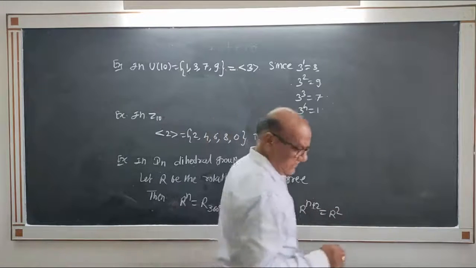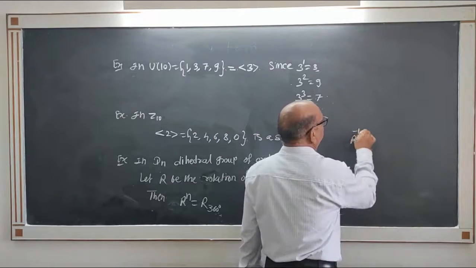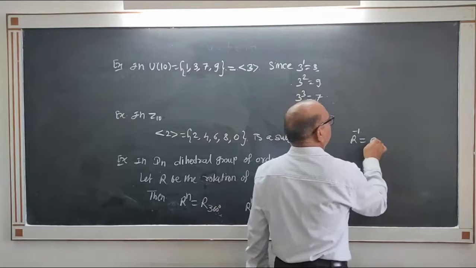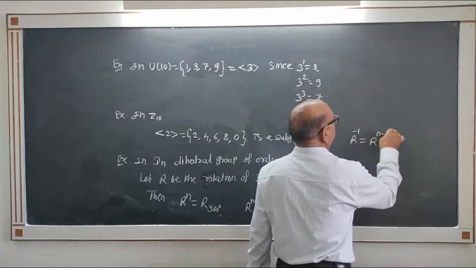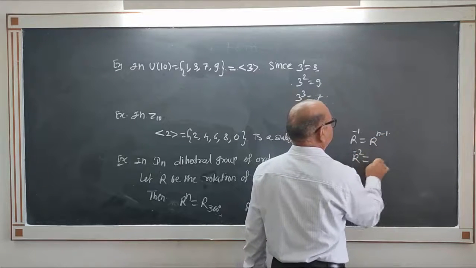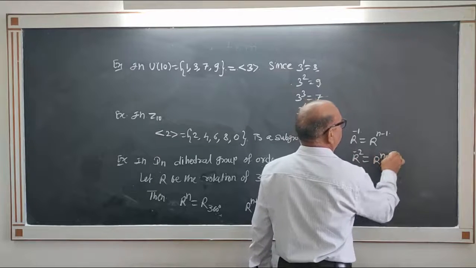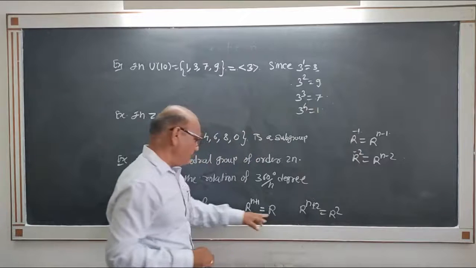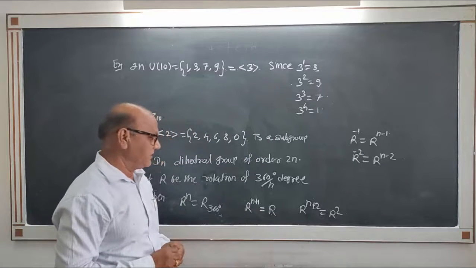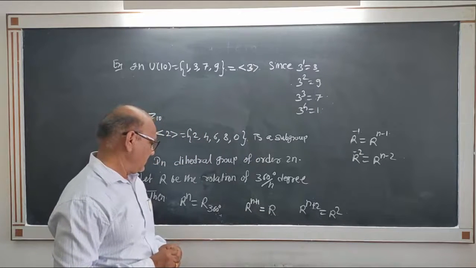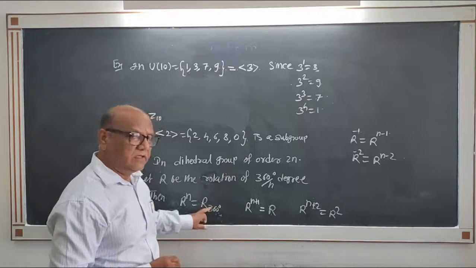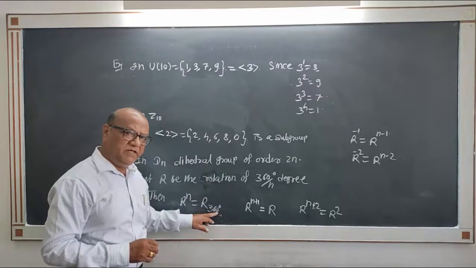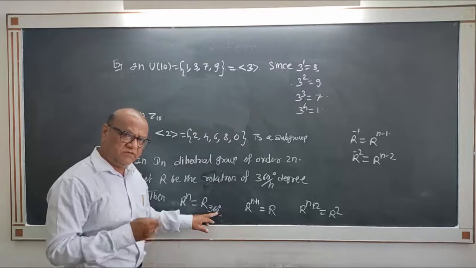R raised to minus 1 is equal to R raised to n minus 1, R raised to minus 2 is equal to R raised to n minus 2, and like this. R raised to minus 1 means the inverse of R. And here rotation through 360 degrees means no rotation, that means 0 degree rotation.